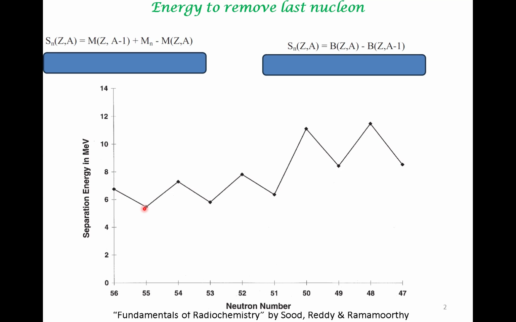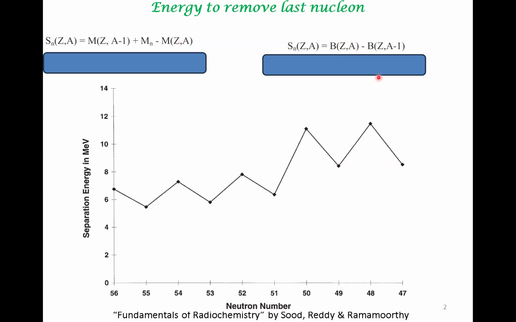Just before we move on, to understand this formula, you write out the binding energy for this particular nuclear configuration and for that one. When you explicitly write out and subtract, why this formula is equal to this formula will become clear. So you write that out.